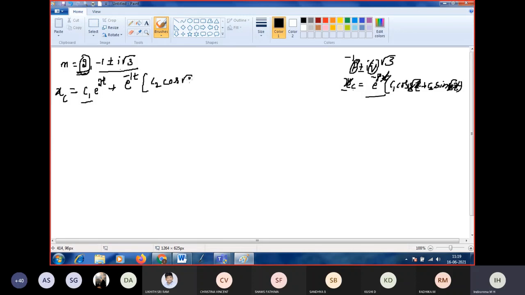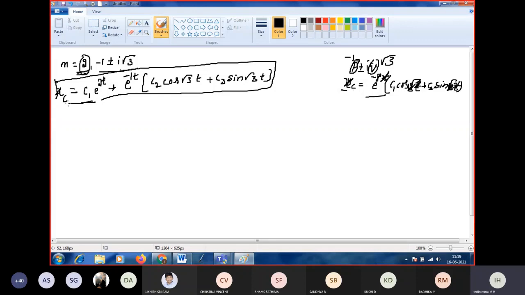Q is root 3, instead of x we have t, so root 3t plus c3 sin root 3t. Did you clear? All of you are clear on this one? Yes, ma'am.